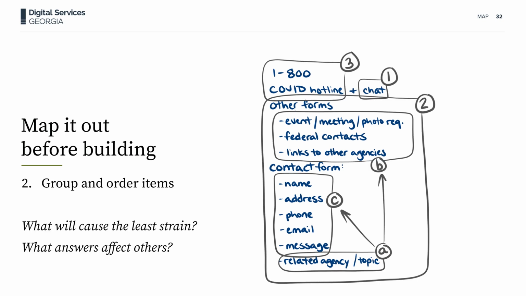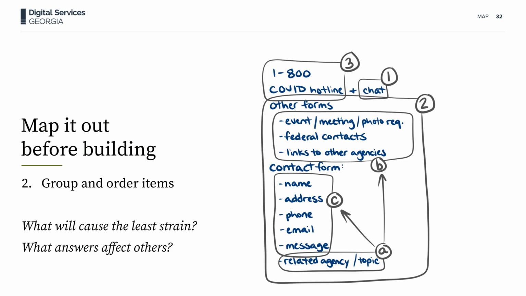Then you can start to group these items and figure out what is the best order for them. Going back to what is going to be the least strain on both you and your users, think about maybe putting a chat at the top, and then having the web form, and then ending with phone numbers. You can also start to think about what answers will affect what other fields they need to fill out.